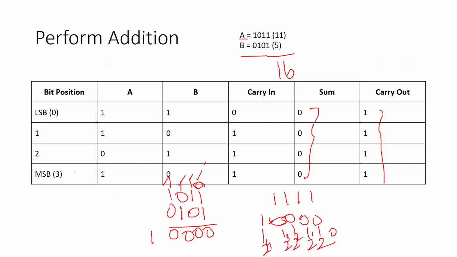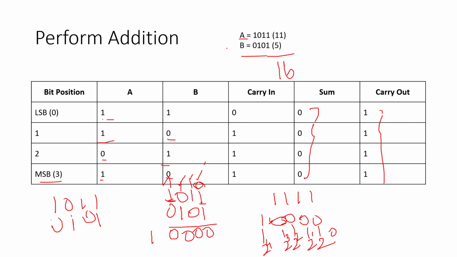The same thing they have given in the table also. For example, you can see this is called MSB, the most significant bit, and this is LSB, the least significant bit. So here the A value is 1, next 0, this is 1, this is 1. The B value is 0, this value will be 1, this is 0, this is 1.